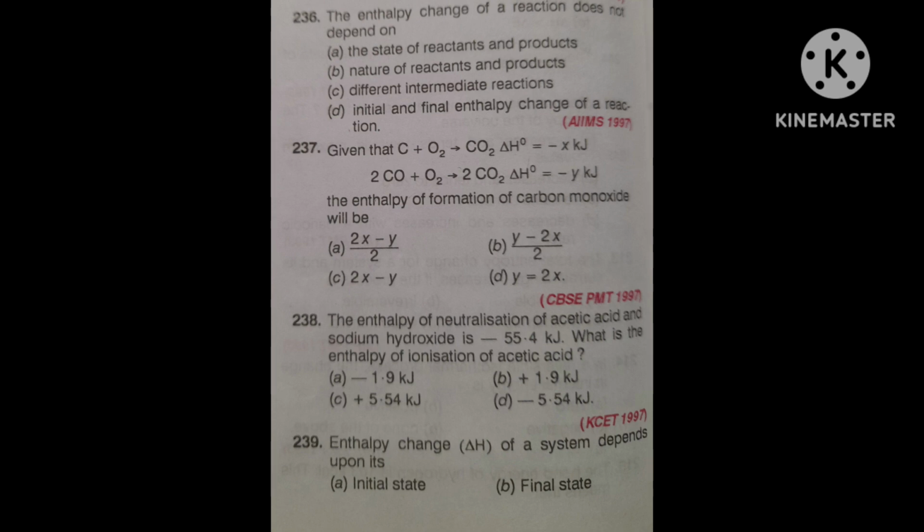Correct? But if you take half O2, then it will form CO. Now in both reactions CO2 is given, but you have to calculate for carbon monoxide. In both reactions, C plus O2 gives CO2 and 2CO plus O2 gives 2CO2, the product is CO2. But you have to tell about the enthalpy of formation of carbon monoxide, CO.